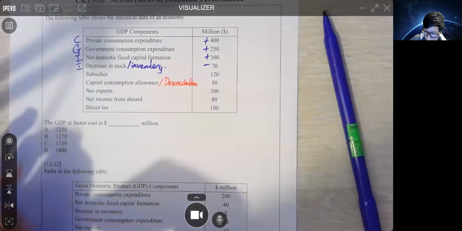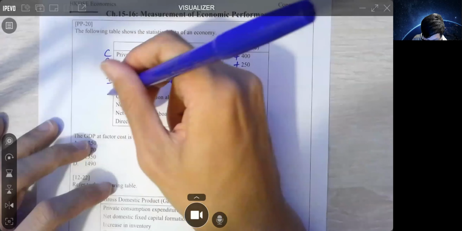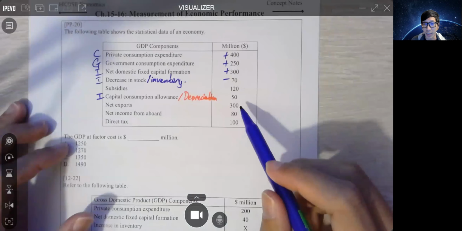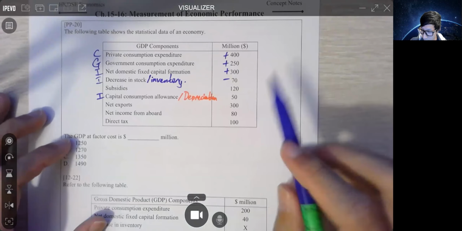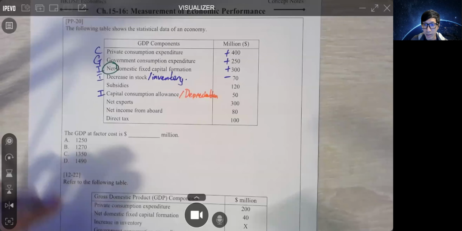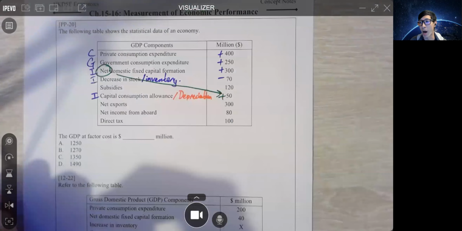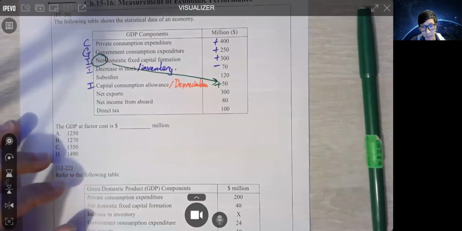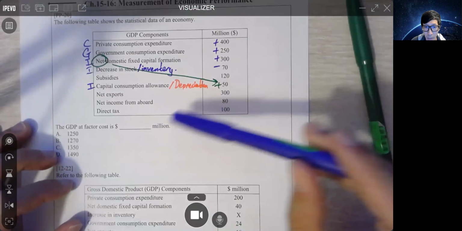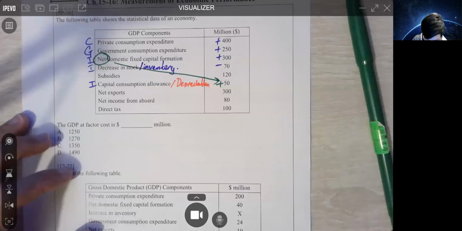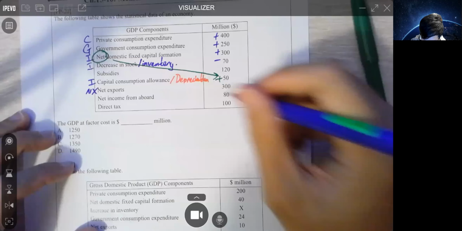Remember, also part of I. Now the question is, do we add in this 50 or do we ignore it? Remember, since this is net, it means that we need also to add back our depreciation. So this needs to be added, okay? Net export, they have calculated it for you. Net export will be NX, right?